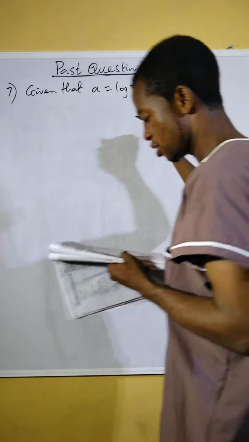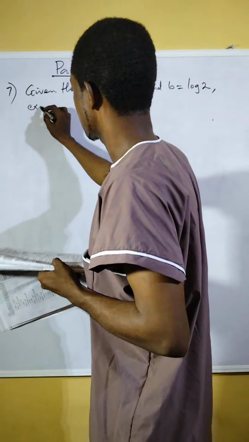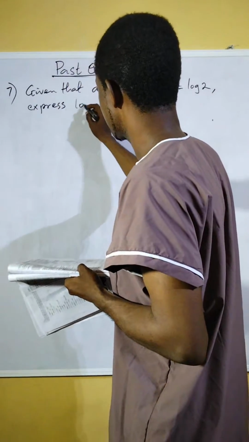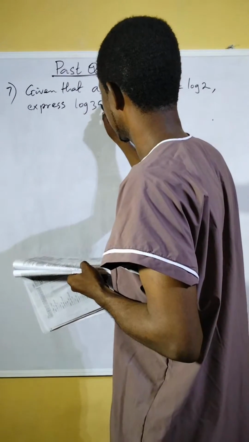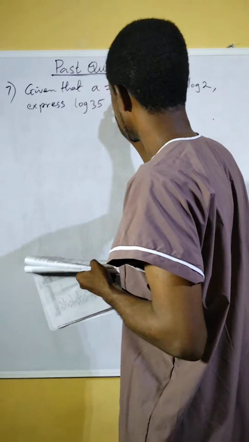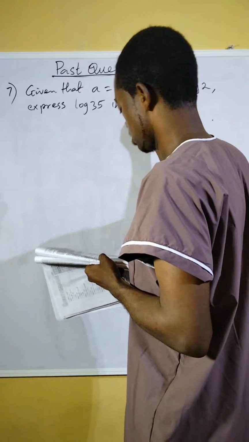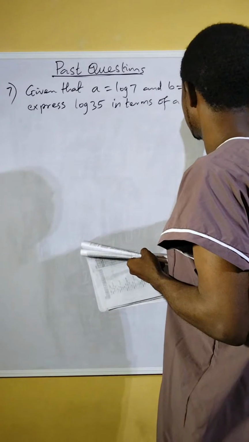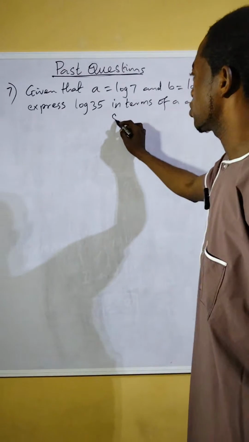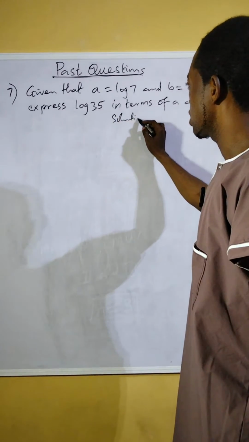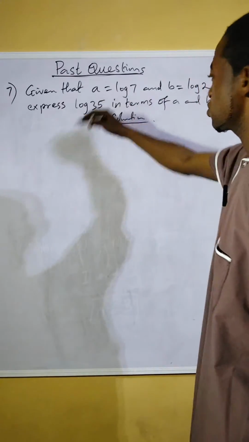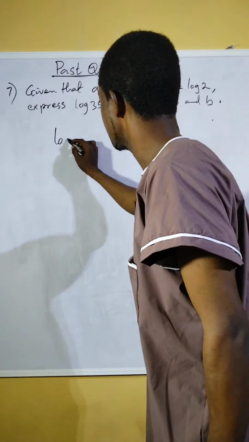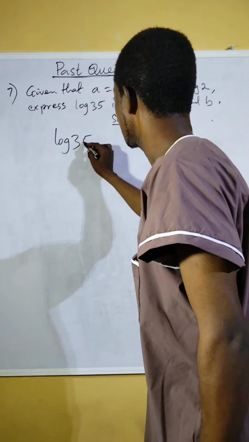Now, the question says express log 35 in terms of a and b. Now, from what is given here, we have already log 7 to be a, log 2 to be b. And what is now log 35 in form of a and b?